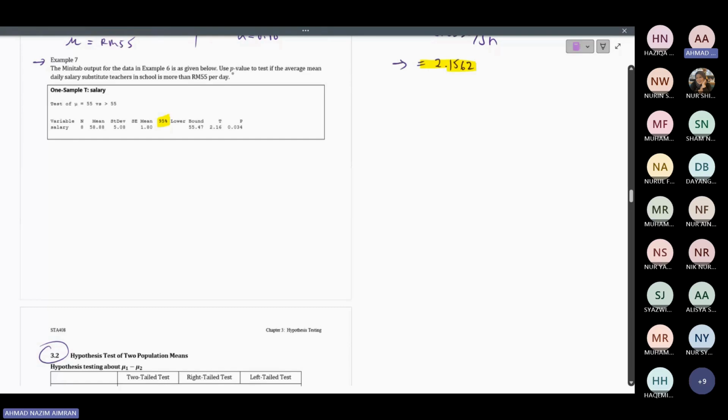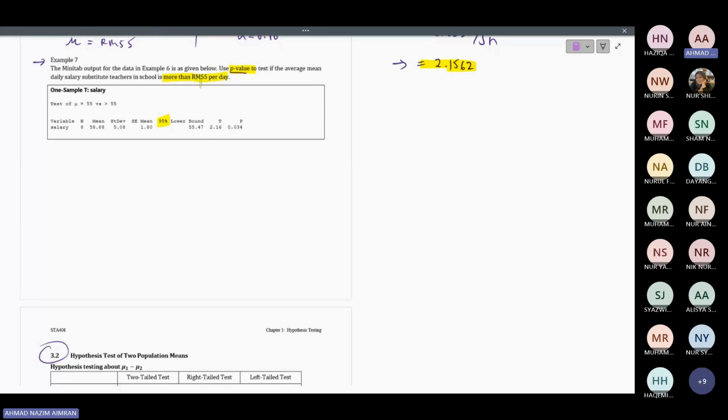Use p-value. Now, instead of using the test statistics, the question asks you to use the p-value to test if the average mean daily salary of substitute teachers in school is more than 55 ringgit per day.